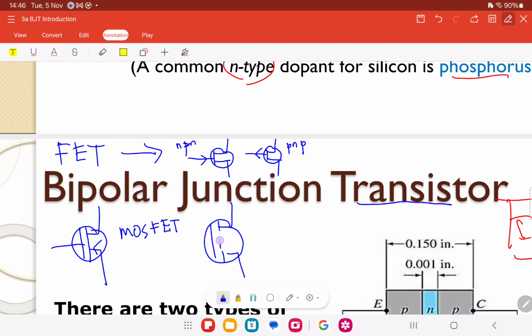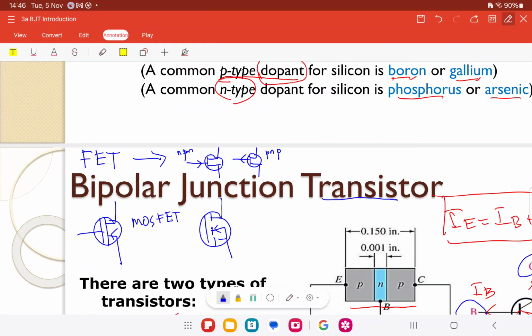Depletion, Enhancement MOSFET. Okay, so dia ada banyak jenis. Itu baru 4. Dia ada lagi E-MOSFET, D-MOSFET, Enhancement dan Depletion. But then for our syllabus, kita cuma belajar under BJT sahaja. BJT ni adik yang paling bongsu, yang paling simple.